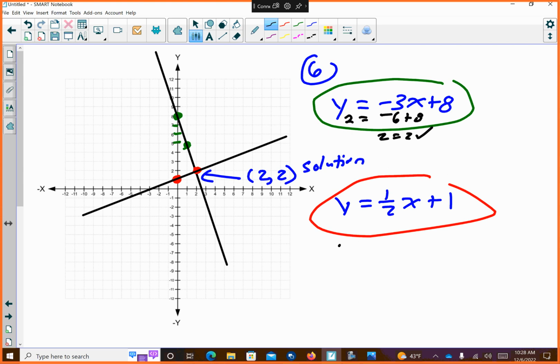Then do the same thing here. 2 equals, what's half of 2? 1. Oh, sweet. We got it right. So, do you have to show that? Well, it depends what the problem asks. If it doesn't ask for it, then just graph it and give your best estimate. Okay? All right. Problem number 7.